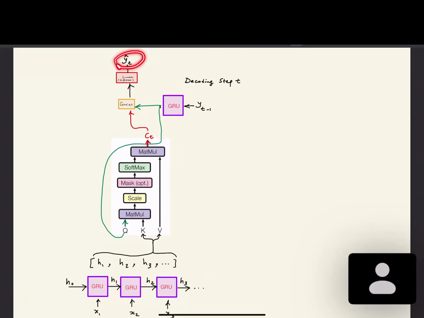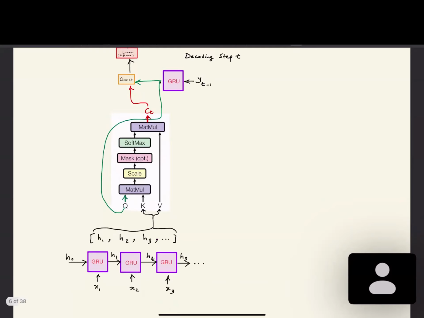For example, here we are looking at the step T of the decoding, where this cross-attention lets the decoder query the encoder memory to compute a dynamic context vector CT. This solved the information bottleneck and improved the quality of translation dramatically. Models could handle longer sequences, and this approach became the state-of-the-art from 2015 to 2017.